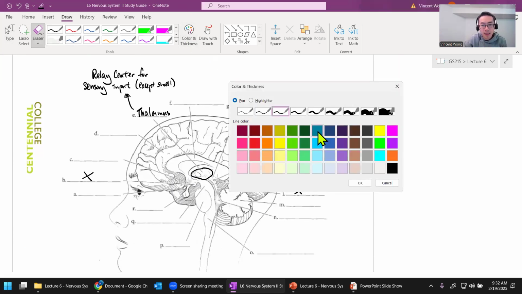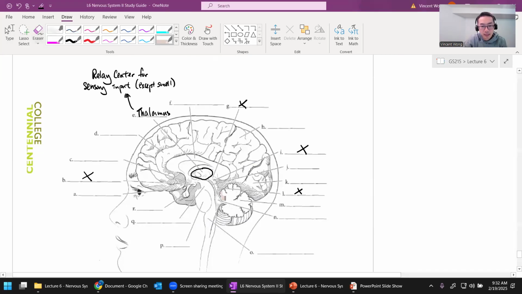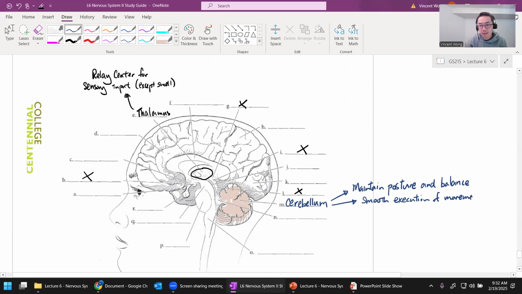Vivian has another two. Yeah, we have the cerebellum right here at the back. That is M. So the cerebellum maintains posture and balance, smooth execution of movements, and stores skill memories.